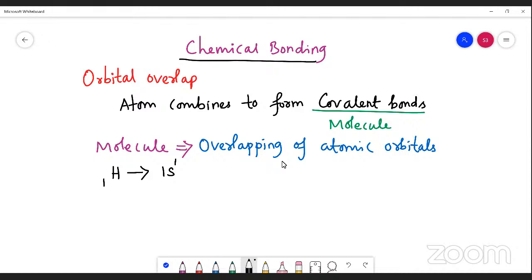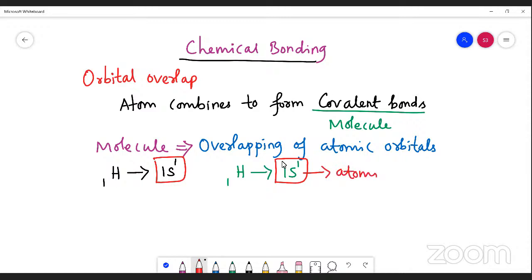Only 1 electron. Okay, same way, if you take the second hydrogen atom, that is also containing only 1 electron. So the 1s orbital contains only 1 electron. This 1s1 and this 1s1 are named atomic orbitals.